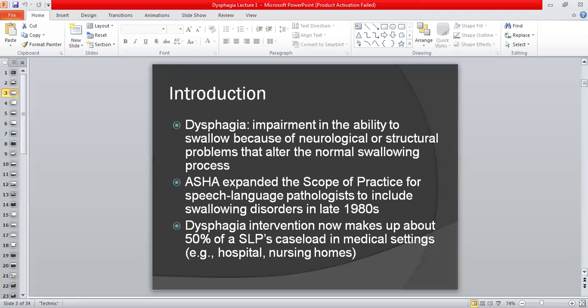For example, consider a child with cerebral palsy. If he does not have muscular control, he will certainly have issues with swallowing. Just imagine a child with cleft palate, a child with oral motor dysfunctions. All these things are going to affect swallowing.